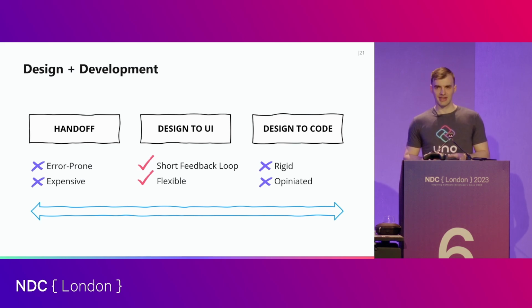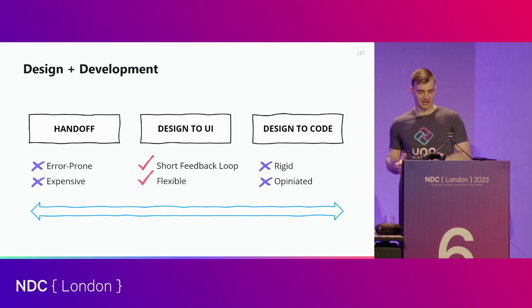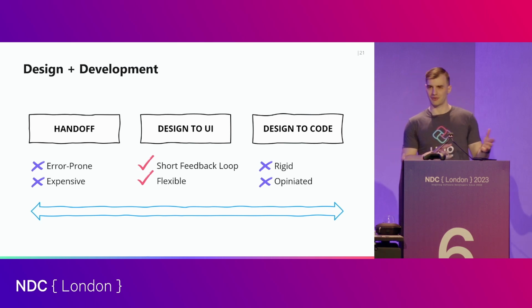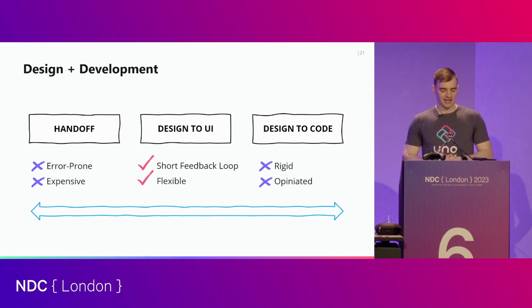Because you can, of course, write your design by copying it from a design file manually as a developer, but it's more annoying because you have to understand the design side of things more. And if you were to hand it off to someone who is proficient in both design and code, it means that you need more team members that are capable of that. So it's kind of in a not ideal situation.